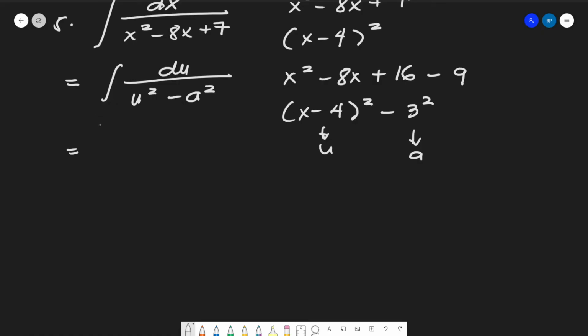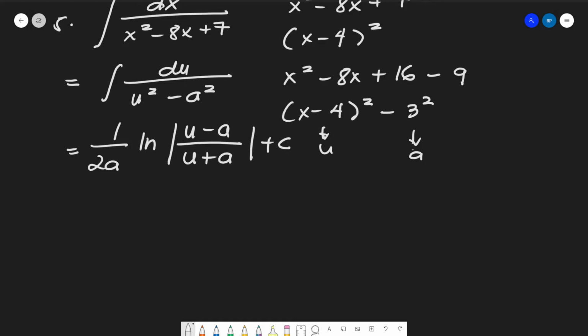We have 1 over 2a, sorry, 1 over 2a times the natural logarithm of u minus a over u plus a plus c.